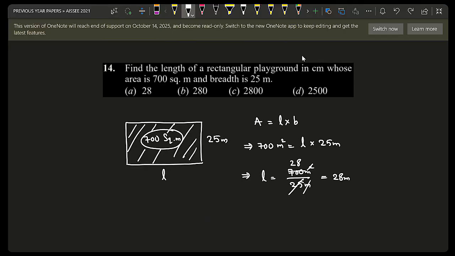Okay, so read the question properly and convert into centimeters. So that is 1 meter is equal to 100 centimeters. 28 into 100 centimeters. So we'll be getting 2800 centimeters. So the option is C. So in a hurry, you don't choose option A because we have to read the question properly. They mentioned you have to find it in centimeters. Convert meter into centimeter.